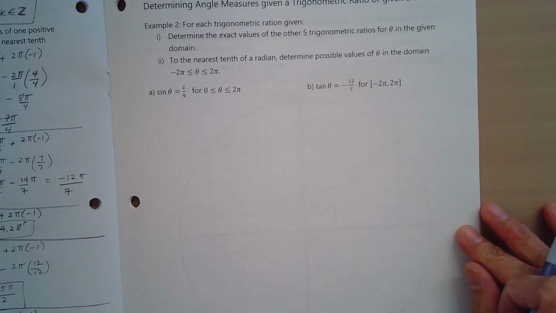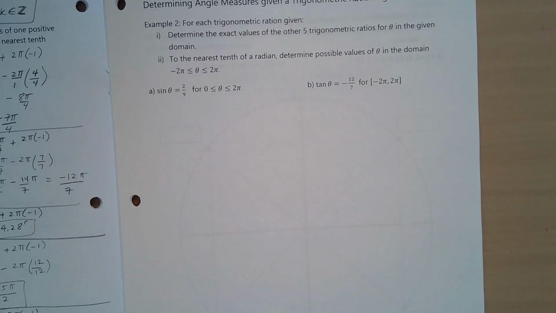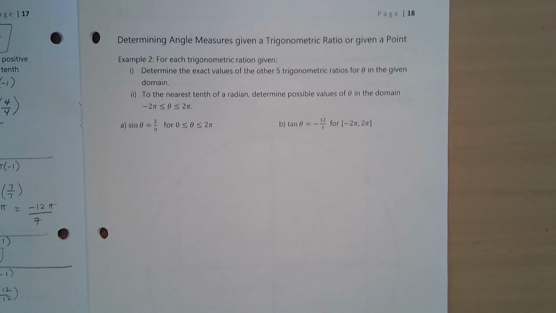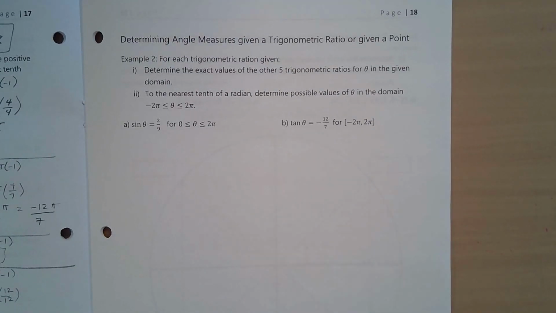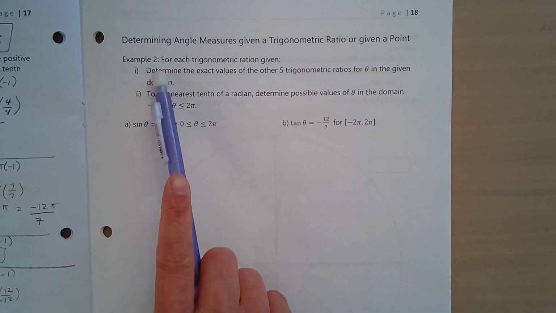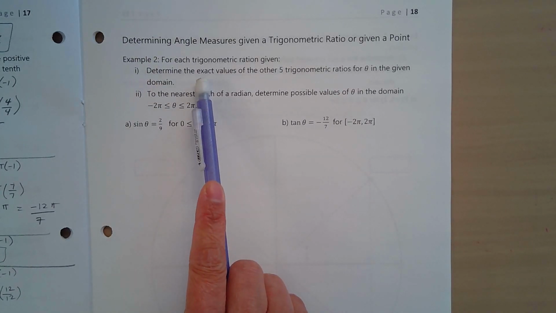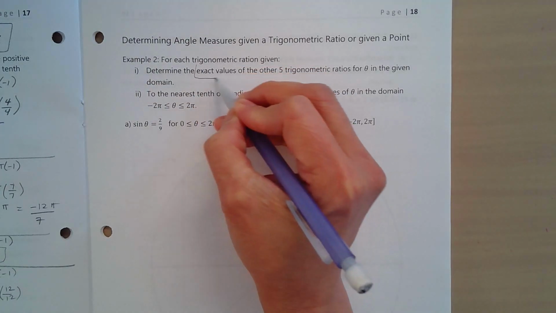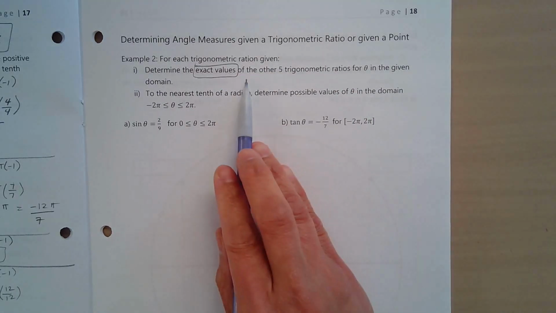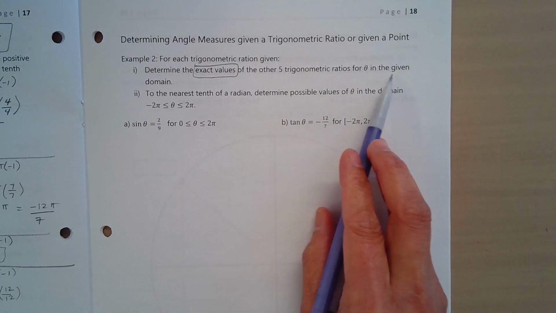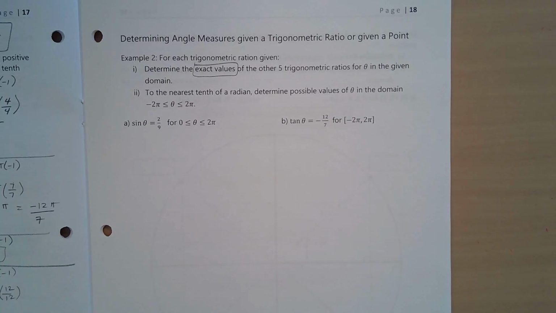No. Pretty straightforward, something that we've already done before, but the only thing that's different here is it's in radian measure instead of degrees. Okay? So now let's take a look at determining angle measures given the trigonometric ratio or given a point. So this one in here: determine the exact values of the 5 other trigonometric ratios for theta given the domain.